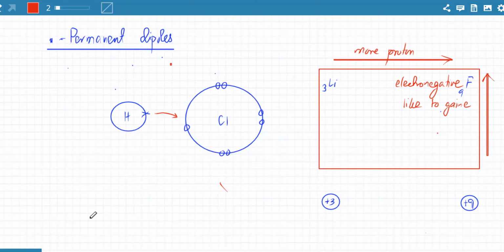But the problem would be that H is also very strongly attracting that electron. H is not letting it go. So what would eventually happen is that shearing would start. Imagine the Cl trying to pull the electron, but the H is not letting it go. So the entire H atom would get dragged along, and Cl would pull the entire atom along with the electron. Is this idea clear?